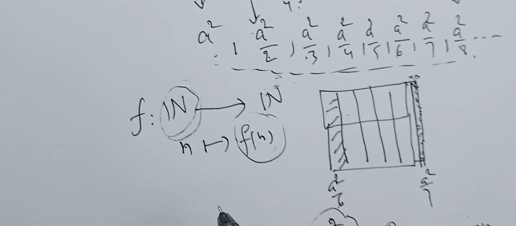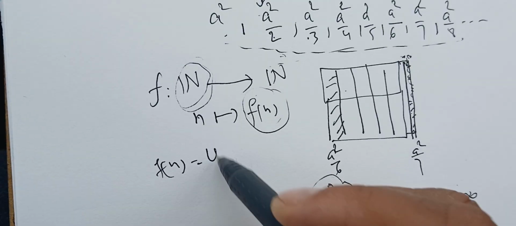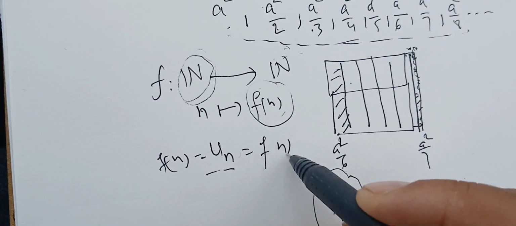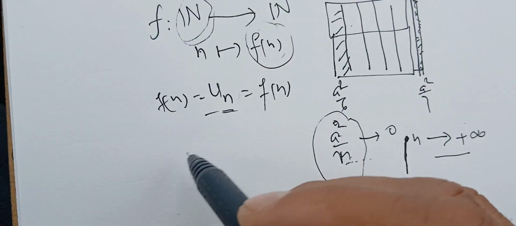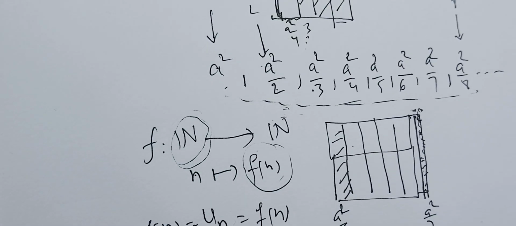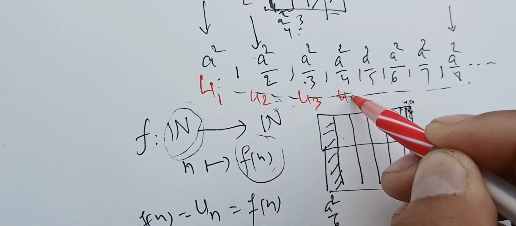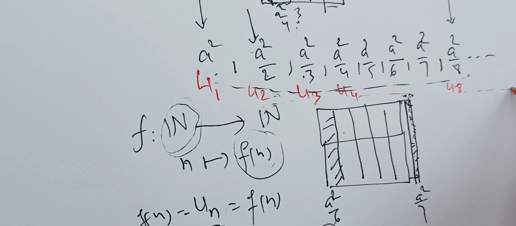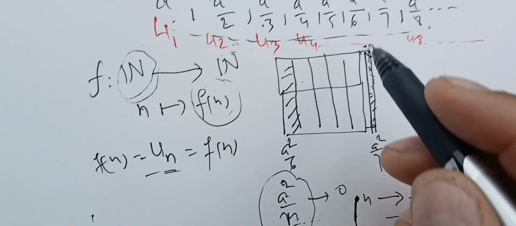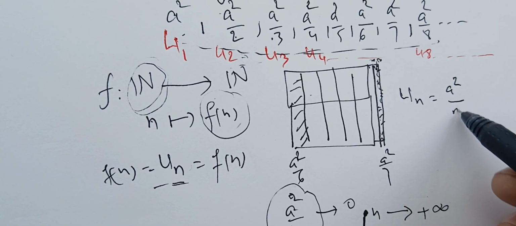There is another notation that we use: instead of writing f of n, we just write u sub n to mean that that's the image of n. So for instance, instead of f of 1, we write u sub 1, u sub 2, u sub 3, u sub 4, u sub 8, and etc. In general, we found that the general formula for this case is u sub n equals a squared over n.